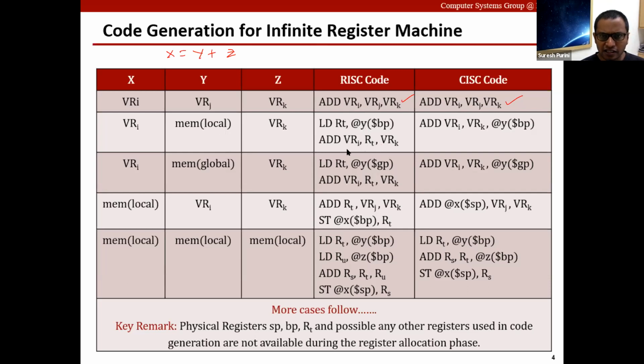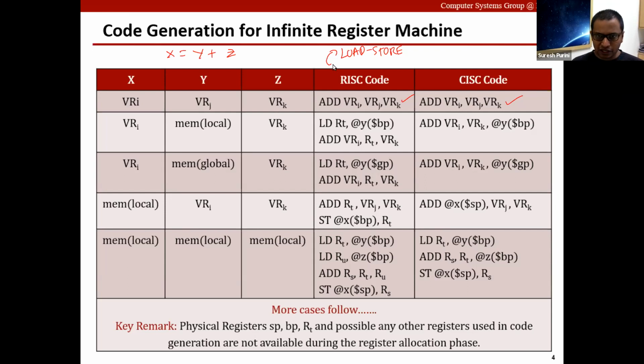This is the case in the RISC code. RISC instruction set architectures are what are called load store architectures. That is, the operands on which the computations have to happen have to be present in the registers only, all three operands. That is a typical property of RISC instruction set architectures.